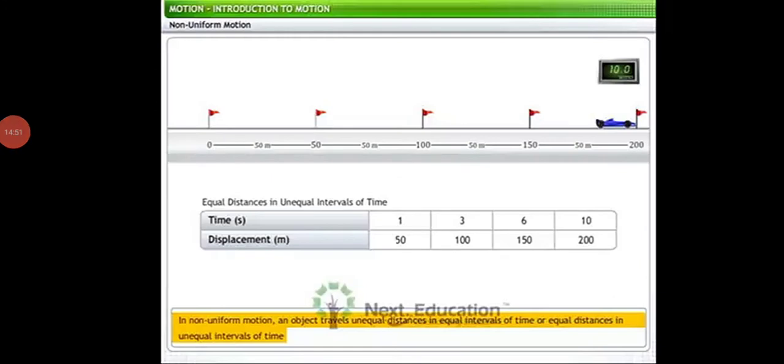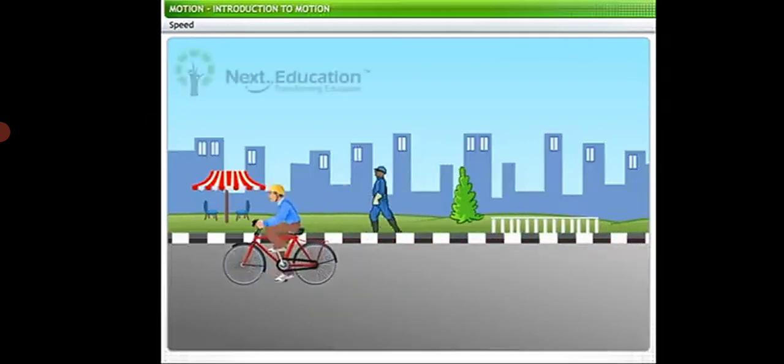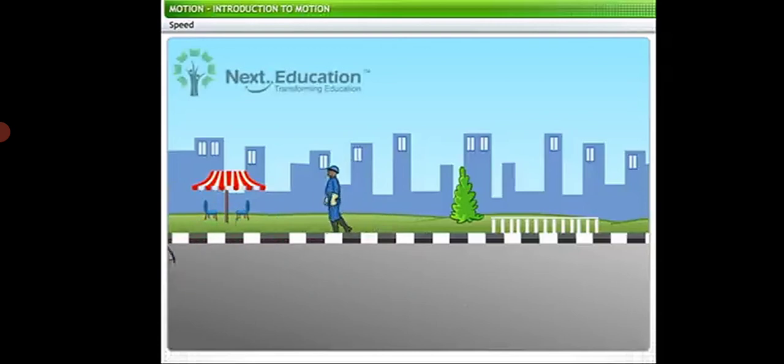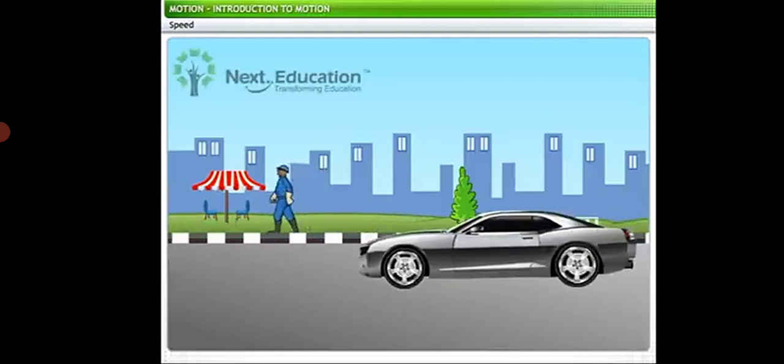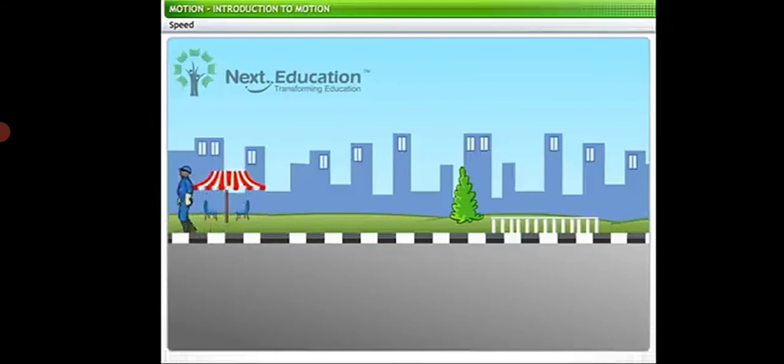Next, different objects may take different amounts of time to cover a given distance. How fast does a moving object change its position? The answer to this question relates motion to the time taken for the change of motion, and that brings us to speed.